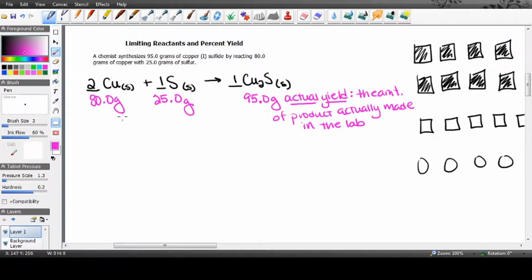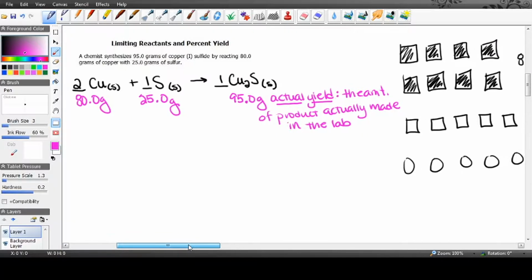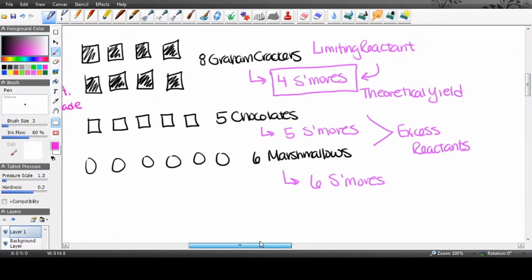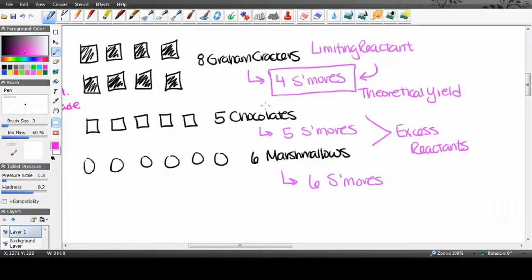So in order to figure out which one of these is our limiting reactant, we need to figure out which one of these reactants can make the least amount of product. Remember, that's how we figured it out over here. The graham crackers could make 4 s'mores, the chocolates could make 5, the marshmallows could make 6. Whichever reactant you run out of is your limiting reactant.